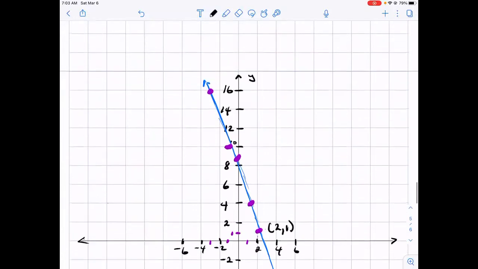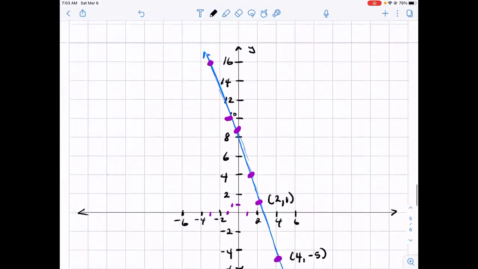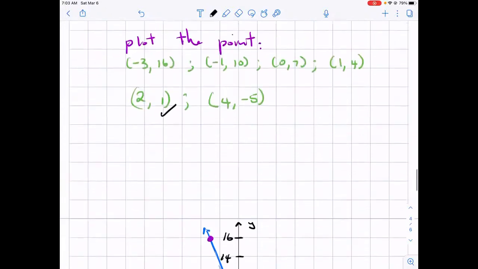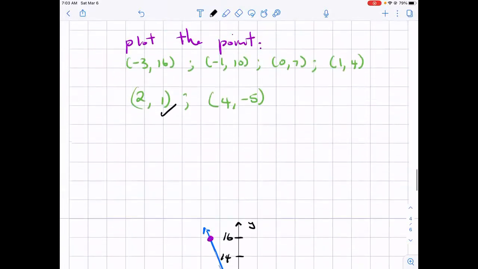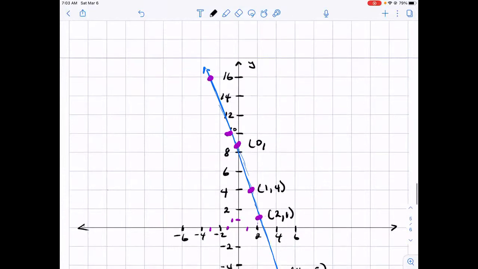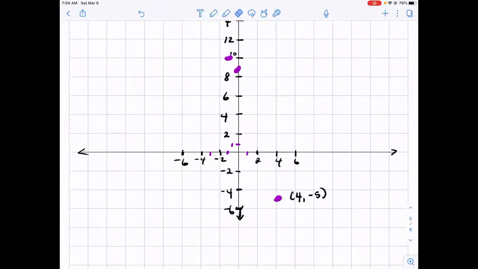This point here is 1, 4. This point here is 0, should be 0, 7. So I have that written wrong. So no wonder my graph is slightly off.